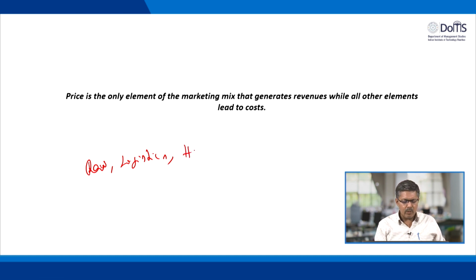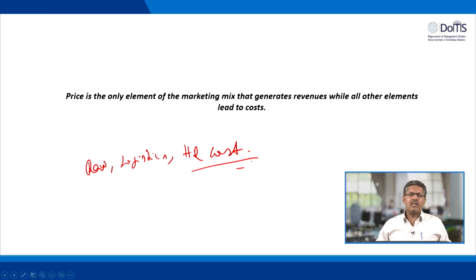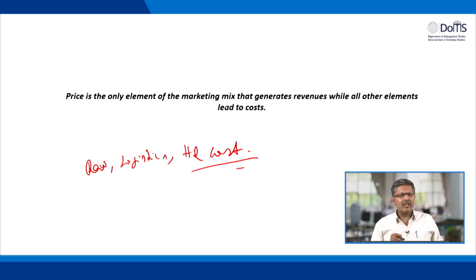Then you have human resource cost. So the word cost is associated with every function that you can think of, okay? What it means is every other element of the marketing mix only adds up to the cost, they don't add to the revenue. But price is the final element, the most important element that generates revenue, right? So this is the only one that leads to revenue and all others lead to cost, right?